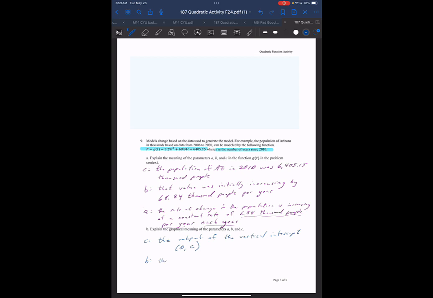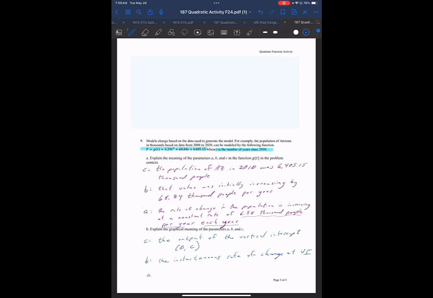B is the instantaneous rate of change at that vertical intercept.